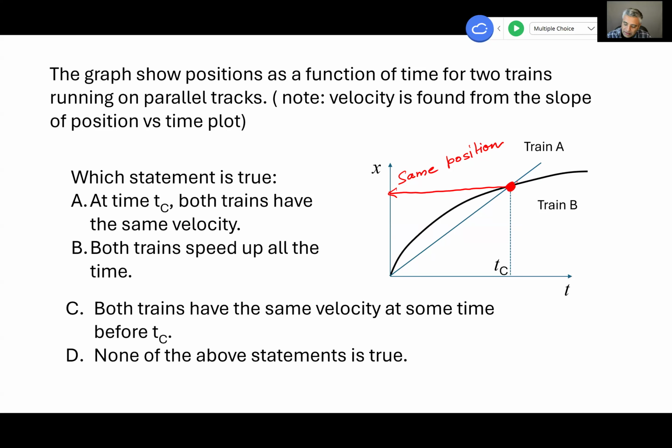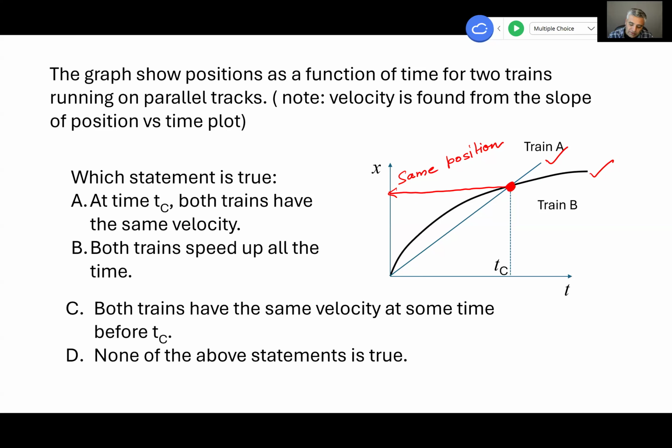So do you think the slope of this blue line and this dark line have the same slope at that point? They don't have the same slope. Means they don't have the same velocity or speed.